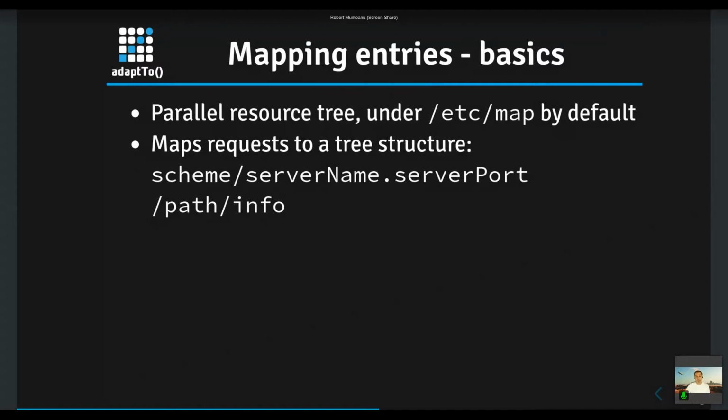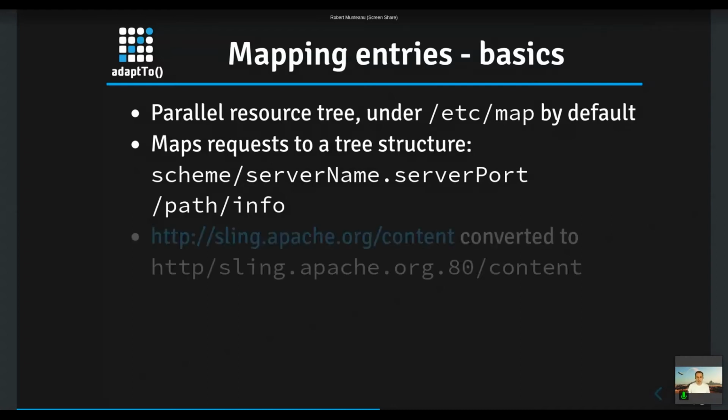And under that /etc/map structure, we try to create a nested tree structure that will match incoming requests. And you see here the canonical way of representing it, which is scheme/server name.server port/path/info, and then you can get multiple child entries.